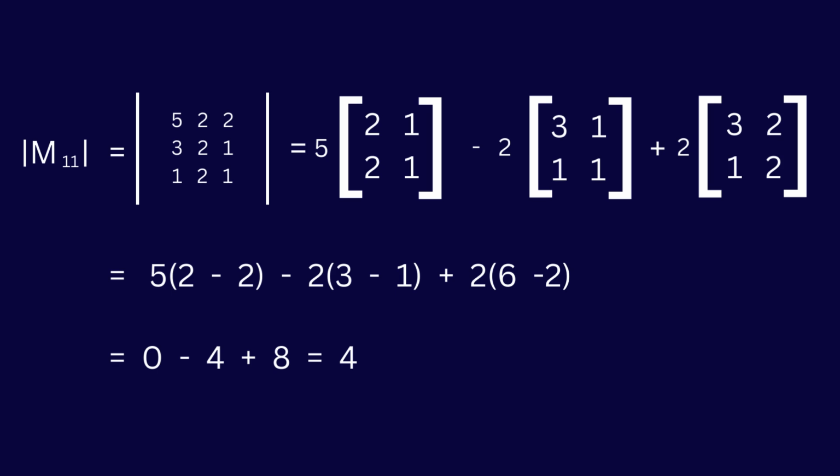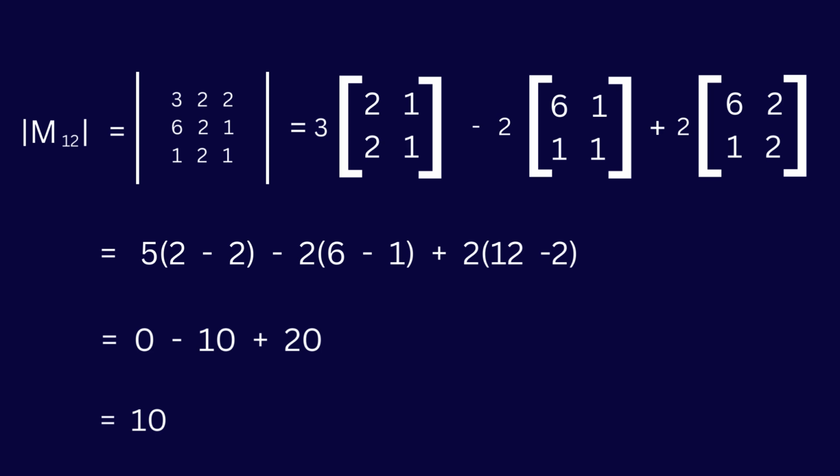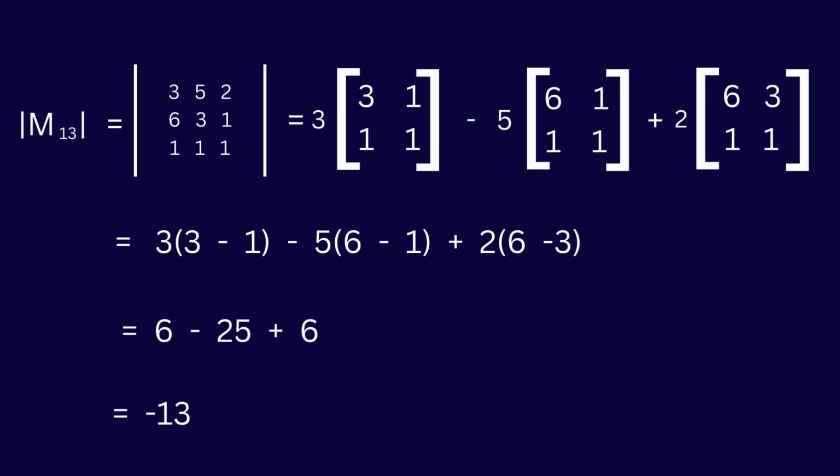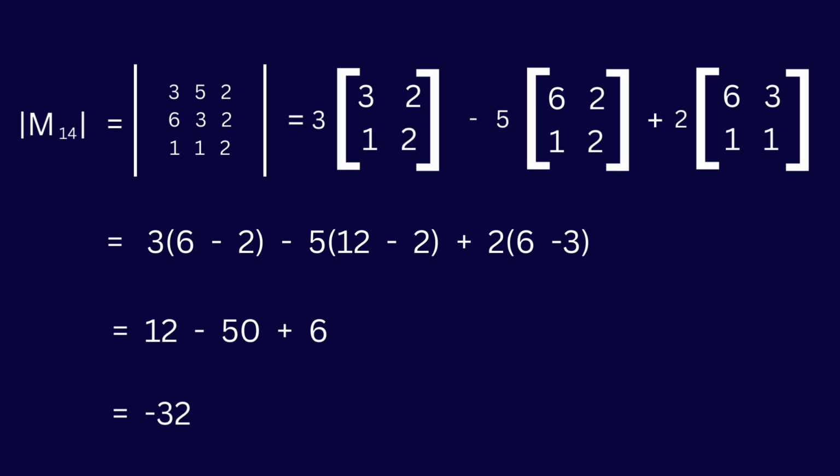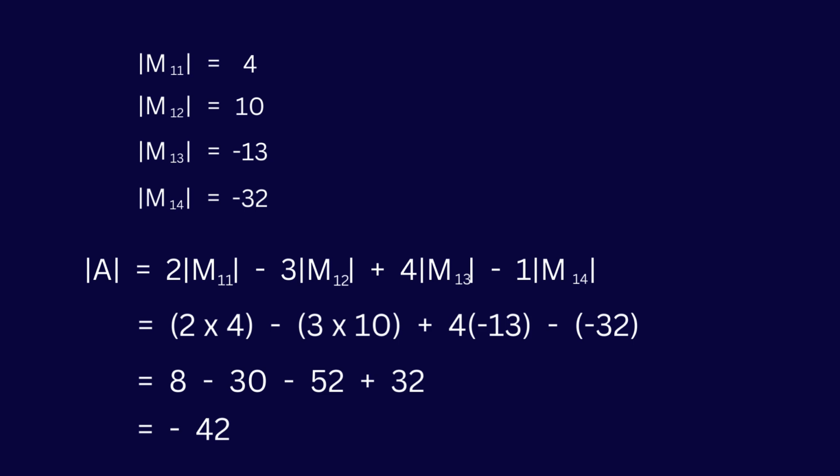The determinant of the M11 matrix equals 4. The determinant of the M12 matrix equals 10. The determinant of the M13 matrix equals negative 13. The determinant of the M14 matrix is negative 32. After adding these numbers to our final formula, we got negative 42 as the determinant of our 4 by 4 matrix.